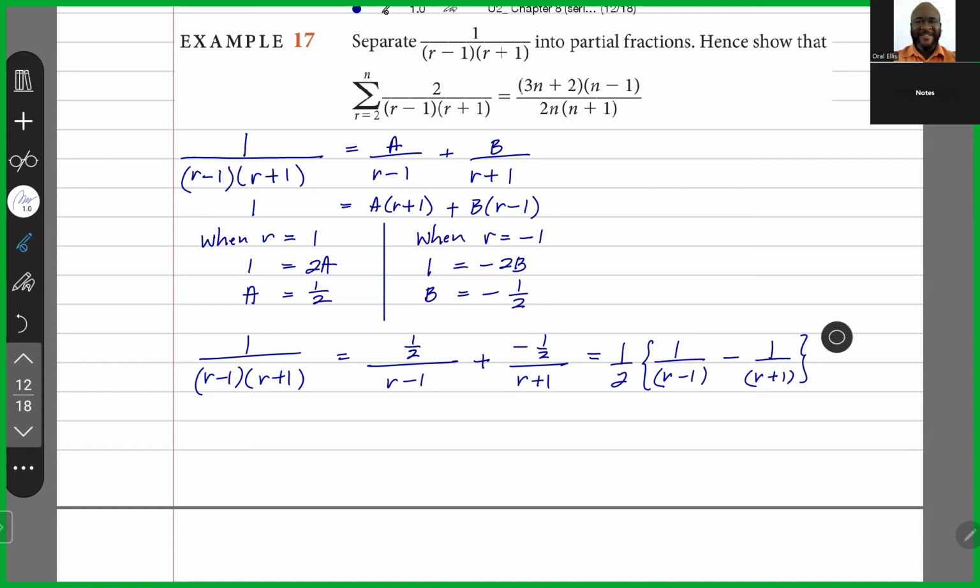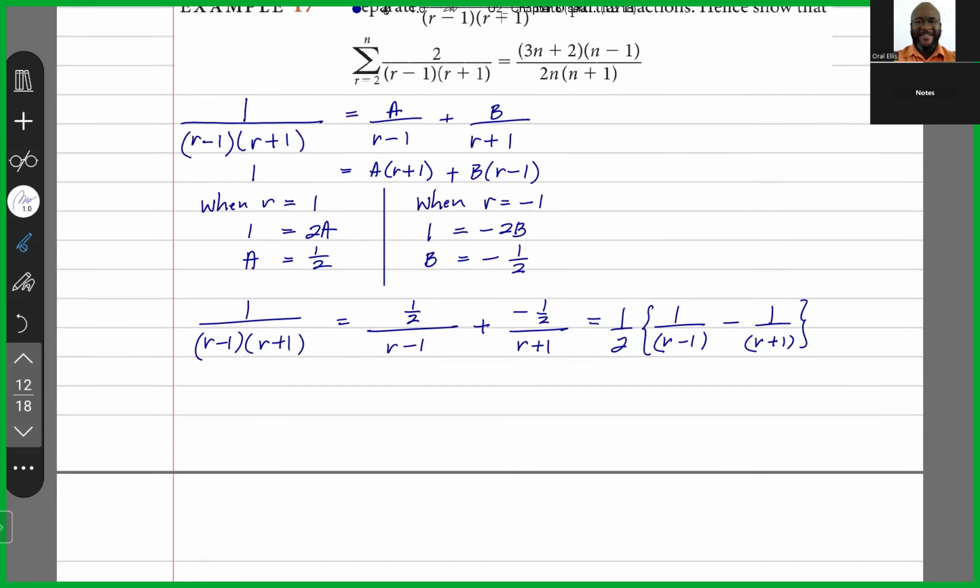All right, so we could write it like that. So in other words, 1 over (r minus 1)(r plus 1) could be written as a half times the difference of two terms.